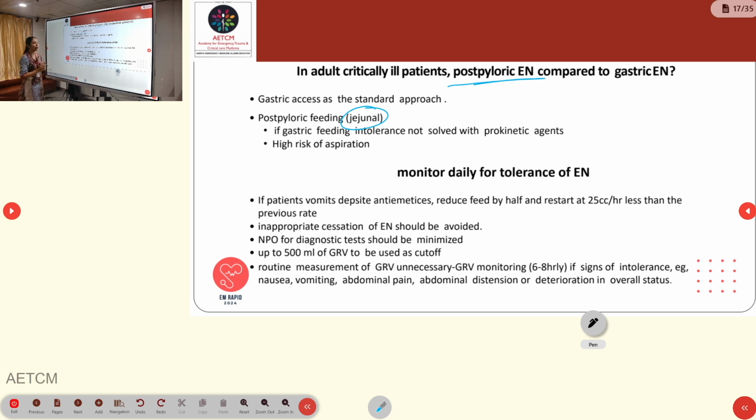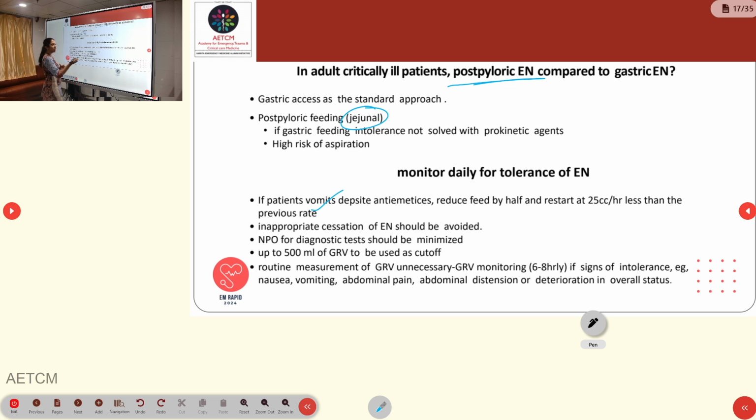And how will we monitor the enteral nutrition we are giving to the patient? If we are giving a feed and the patient is vomiting, that is not a contraindication to stop the feed. We can restart the feed at a lower rate; if we are giving 100 ml per hour, we can reduce it to 75 ml per hour.